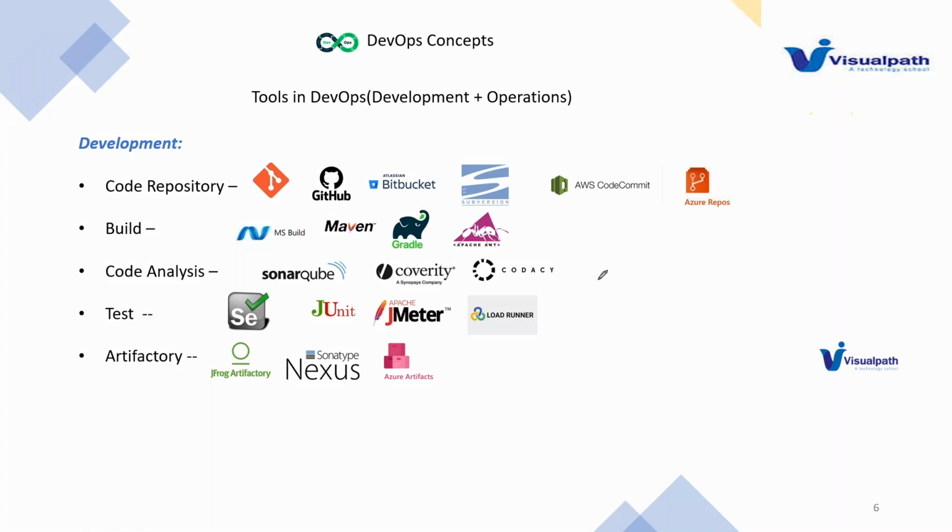Before DevOps, developers would do coding and all those things in silos. Developers would be in some other team, they had their own targets, and they would do the coding by themselves.